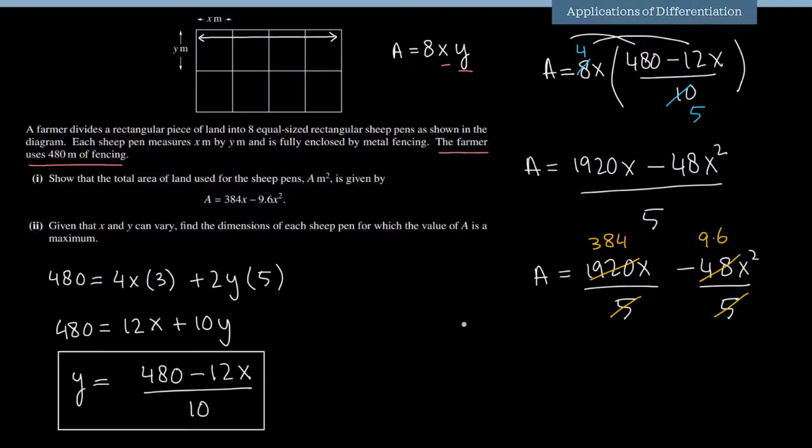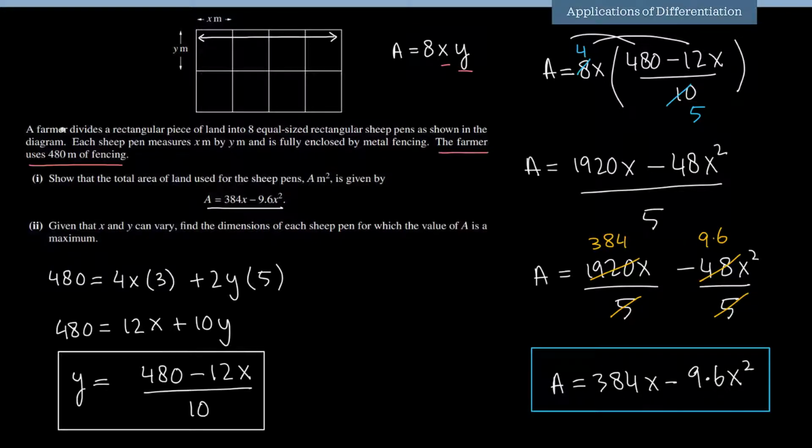So the area is equal to 384x minus 9.6x squared. This was the equation that we needed to show. So this is the answer to the first part of the question. This is shown.